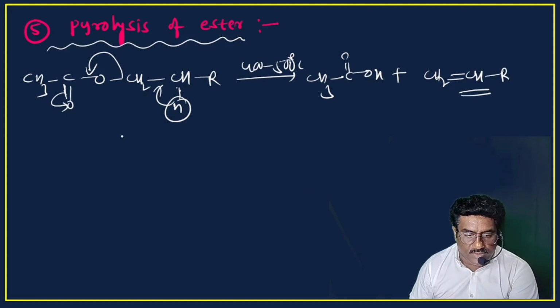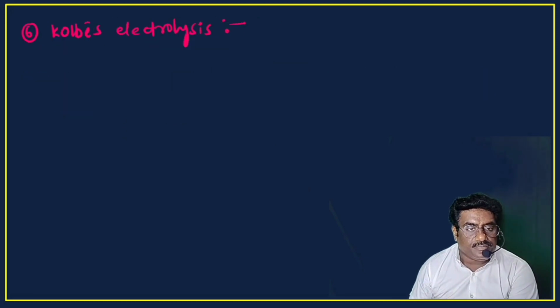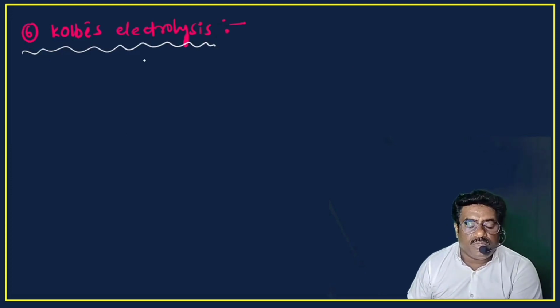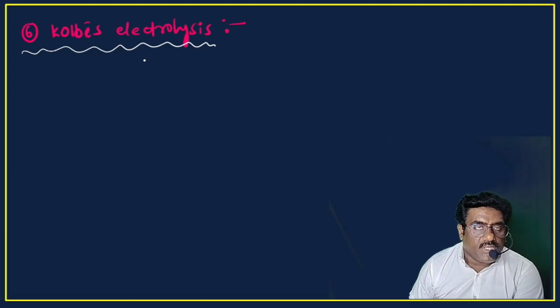Coming to the next, Kolbe electrolysis. Electrolysis of the sodium or potassium salt of a saturated dicarboxylic acid gives alkenes.